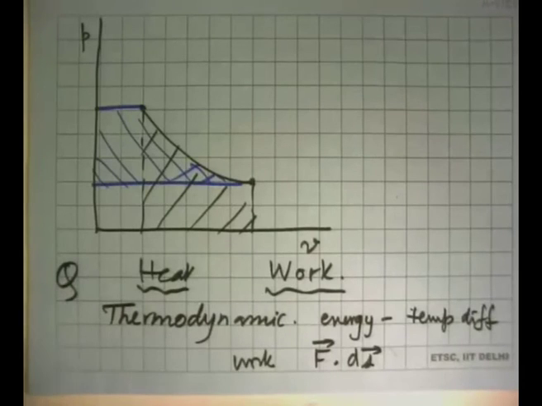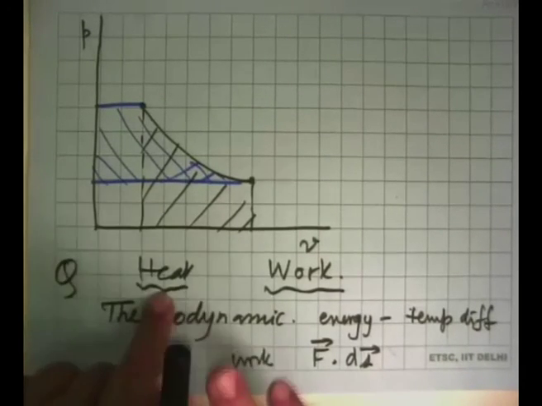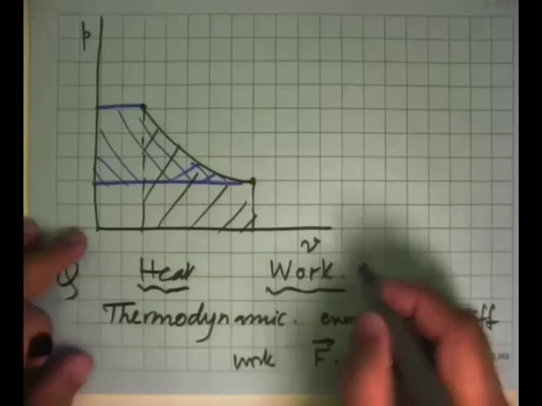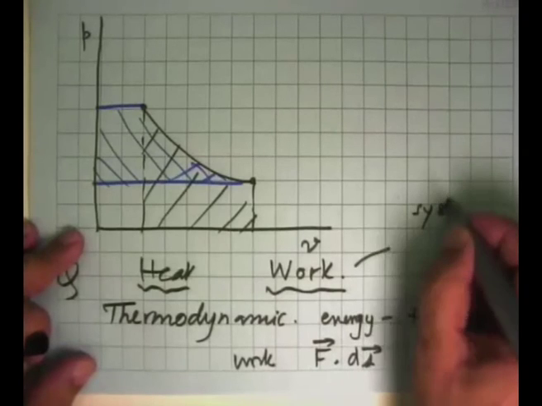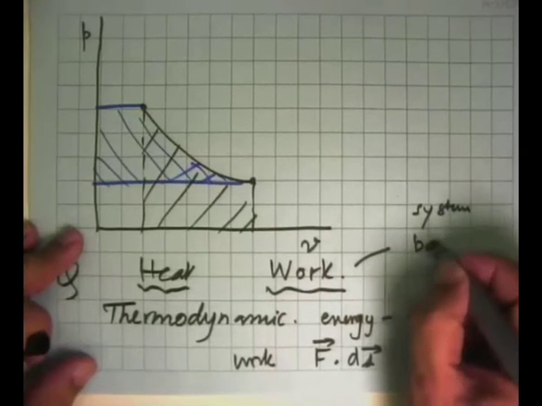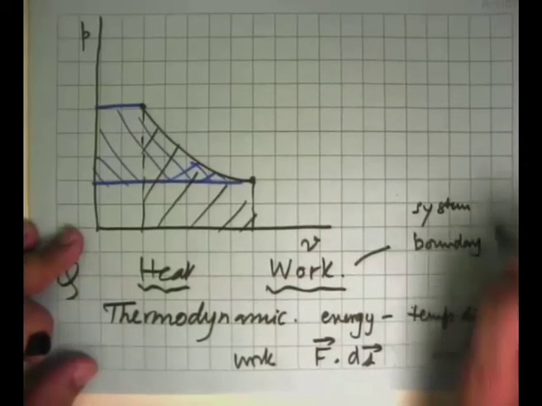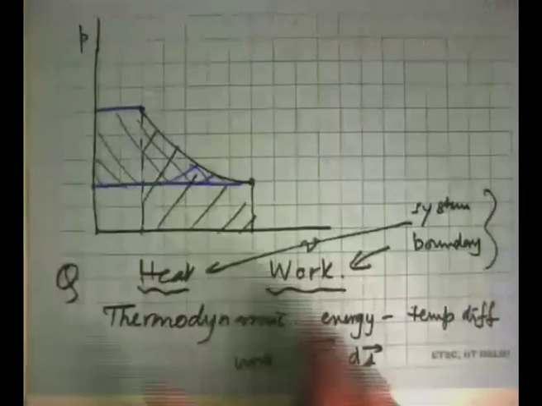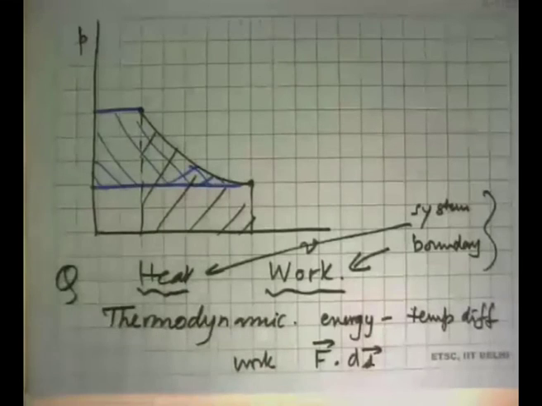Throughout the examples, whenever I have talked of heat, this is the thermodynamic definition of heat, not what we learned in school. So it's very, very important that we know what is the system and what is the system boundary, and only then we can start talking of heat and work. Otherwise, there is no context of heat and work in thermodynamics.